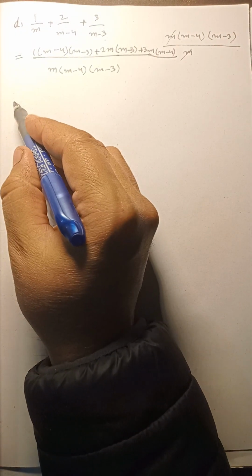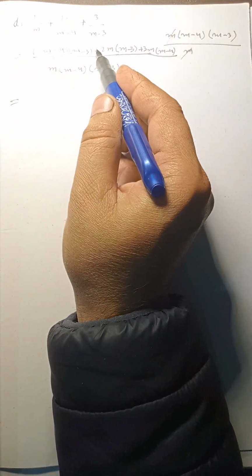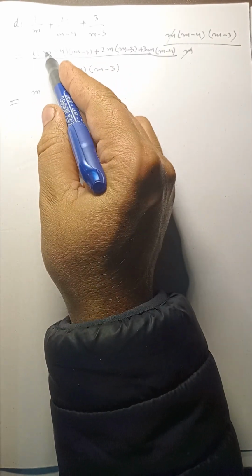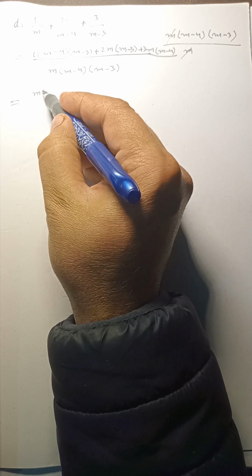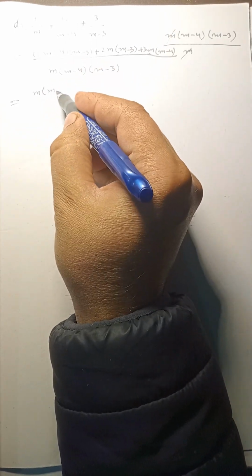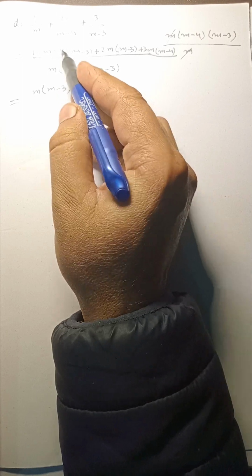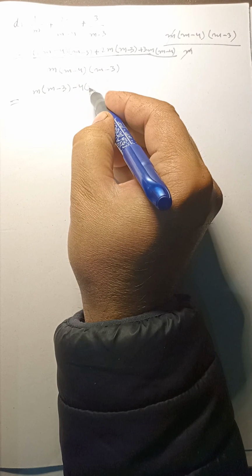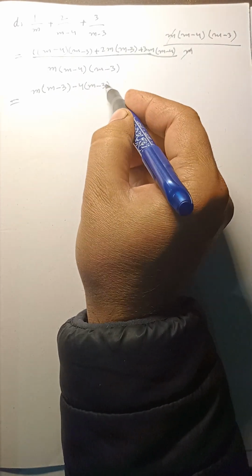Now we have to multiply these. Take m here, make its part m here, and m minus 3 in the bracket. Now minus 4 here and m minus 3 in the bracket.